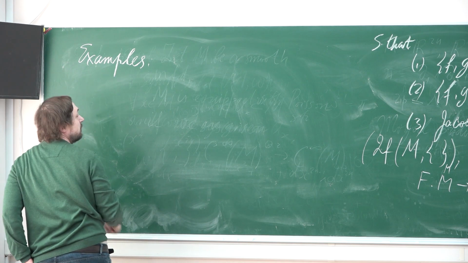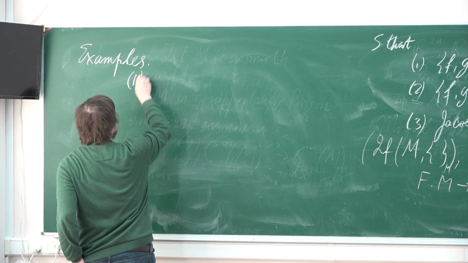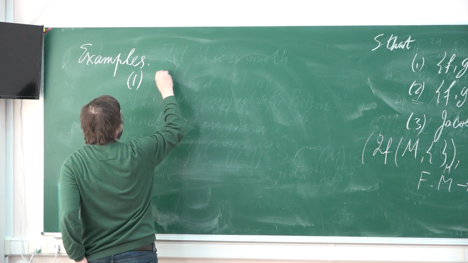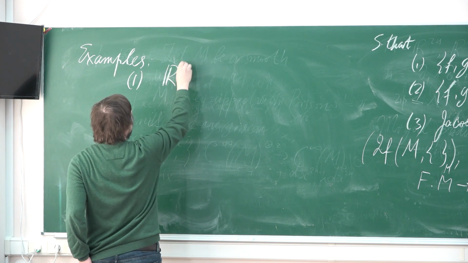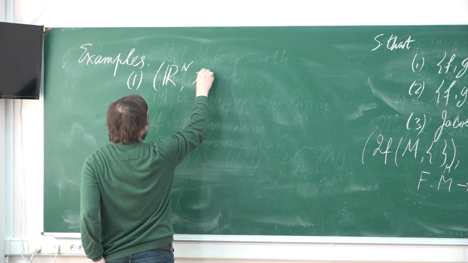Of course, the first and the simplest example is R^n with a constant bivector field.